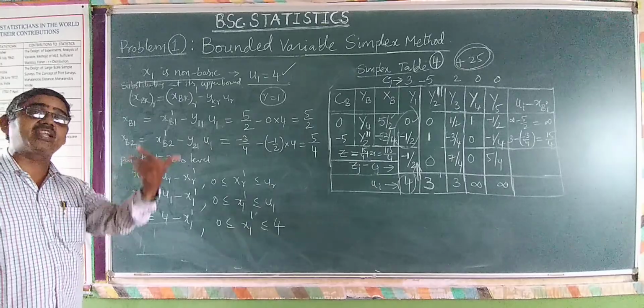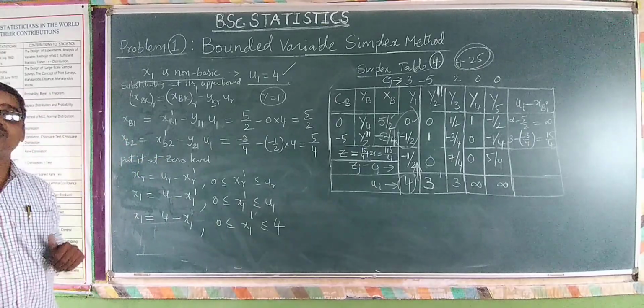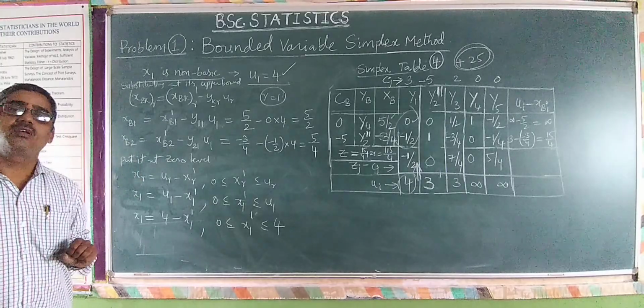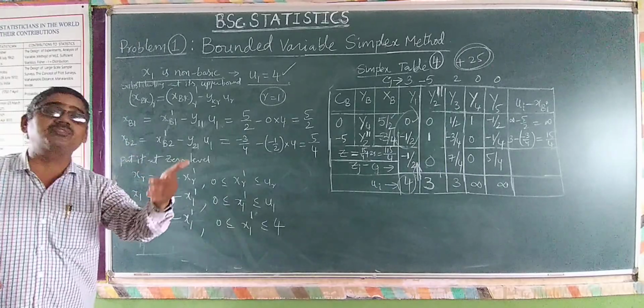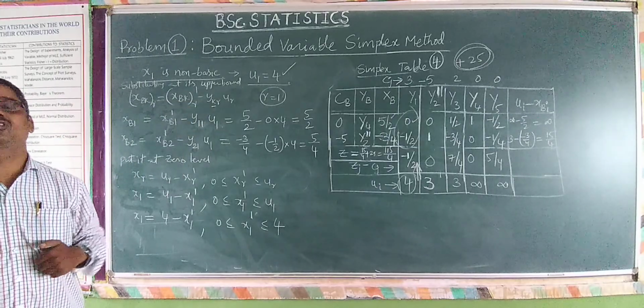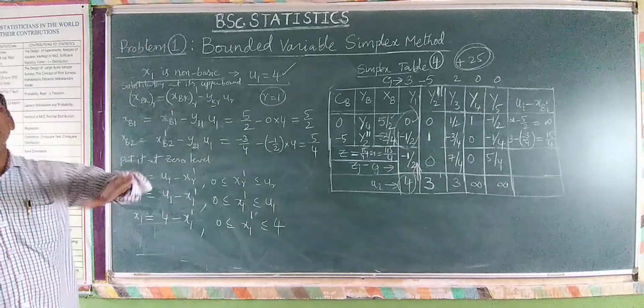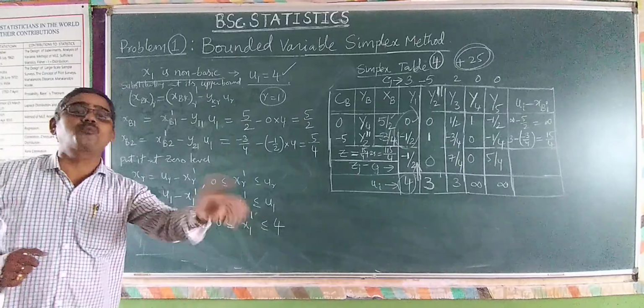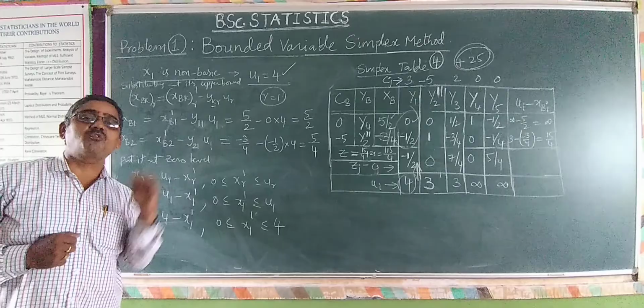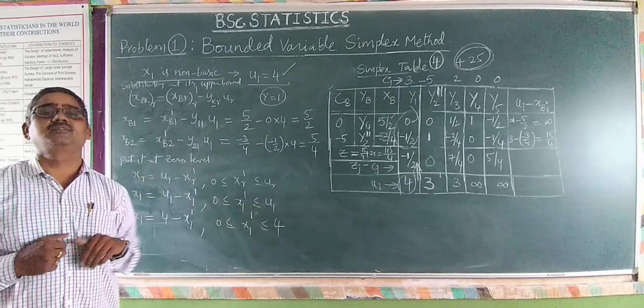It may take any kind of negative value. So we have to put it at 0 level. The lower bound may be something else other than 0. So whenever you have a positive lower bound, you must put it at 0 level. That is the main objective of this particular procedure.